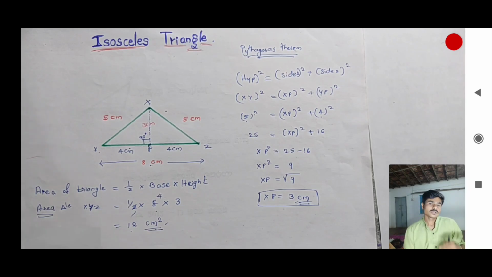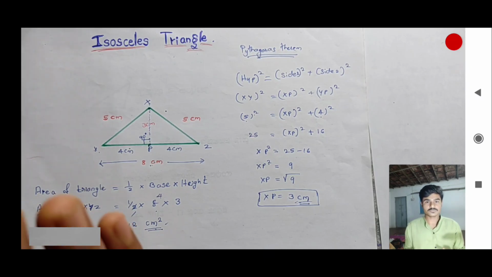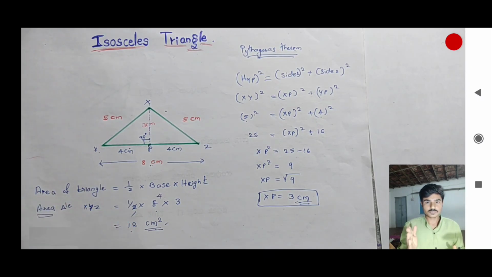The basic requirement for Pythagoras theorem is the triangle must be of 90-degree angle. Means to apply Pythagoras theorem, the triangle should be a right angle triangle.